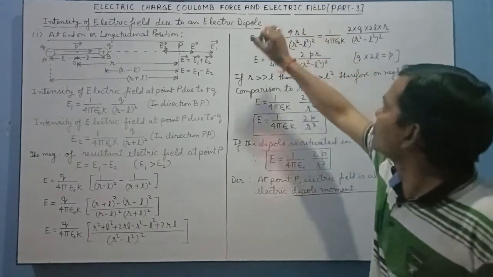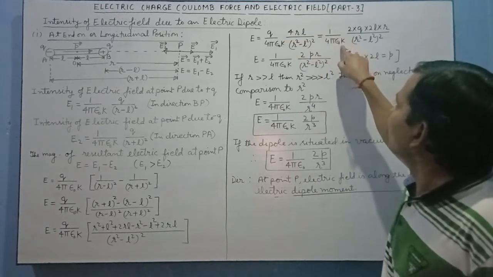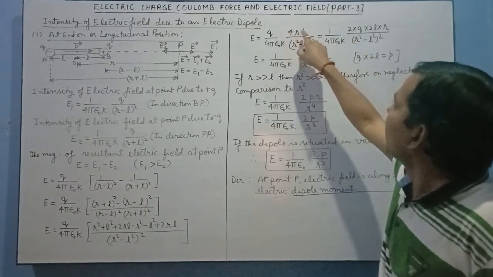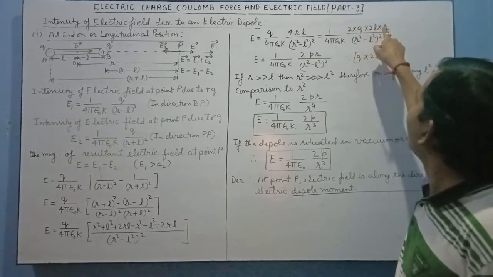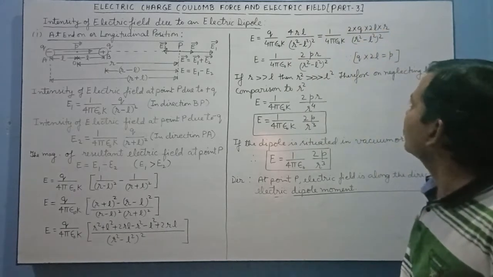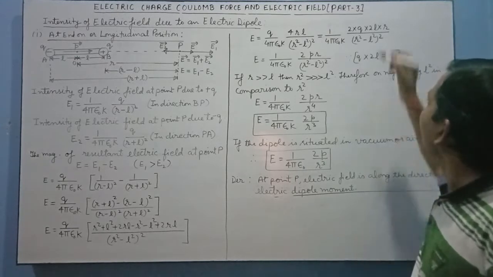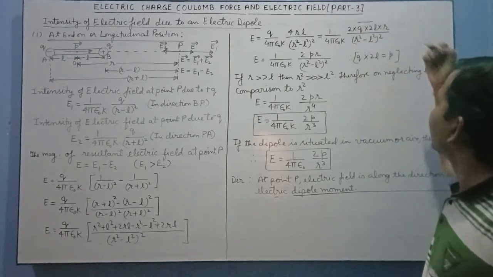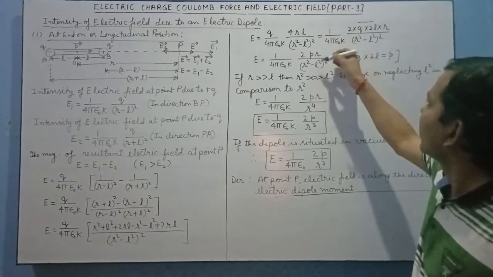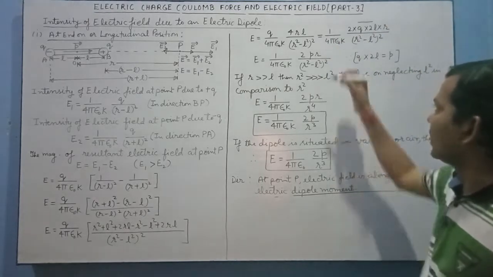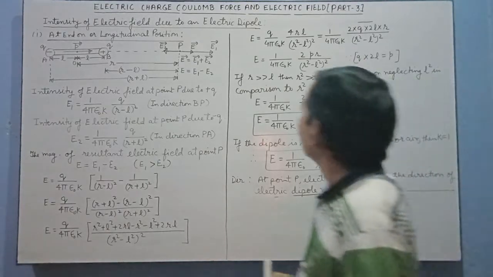Now we will rearrange this equation. 1 upon 4 pi epsilon 0 K and 4 RL into Q will be written as 2Q into 2L into R. From here, as we know, Q into 2L will become P, so this will become 2PR upon R square minus L square whole square.